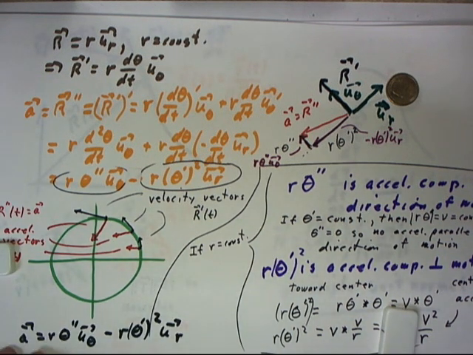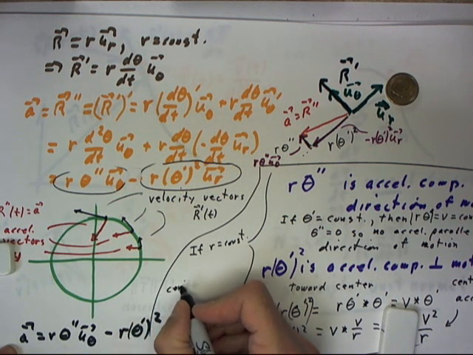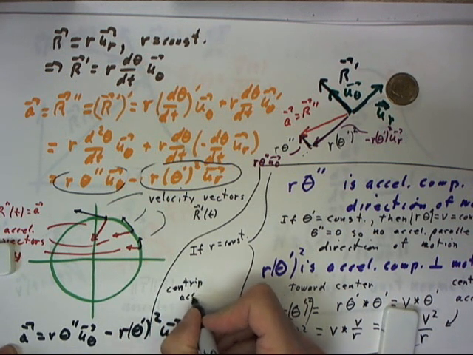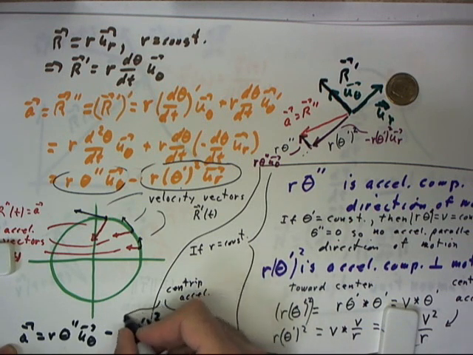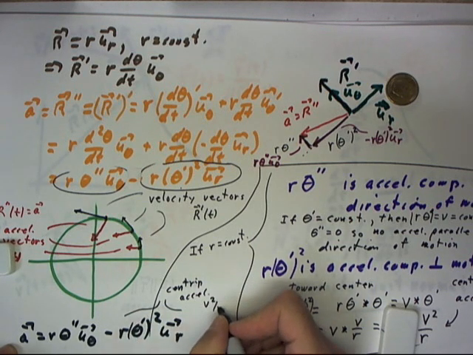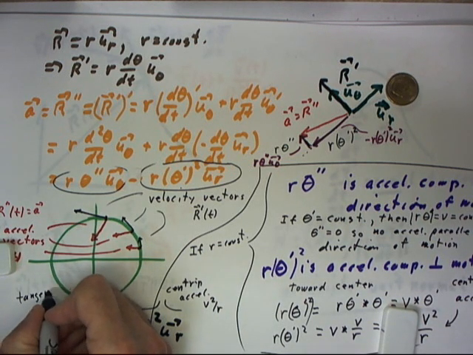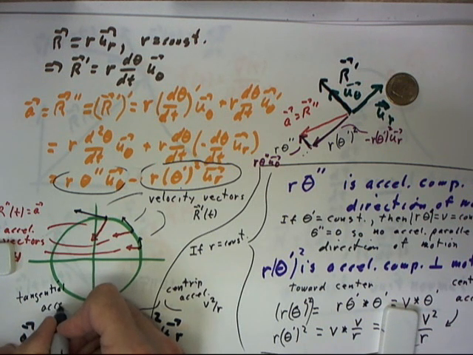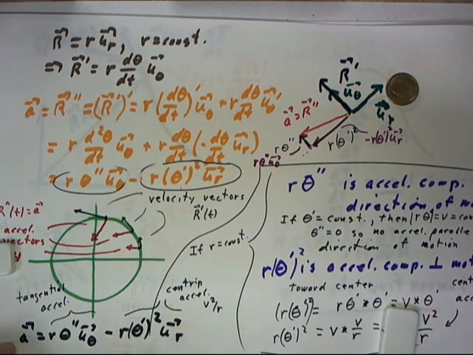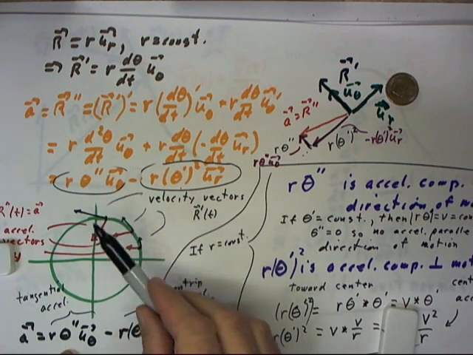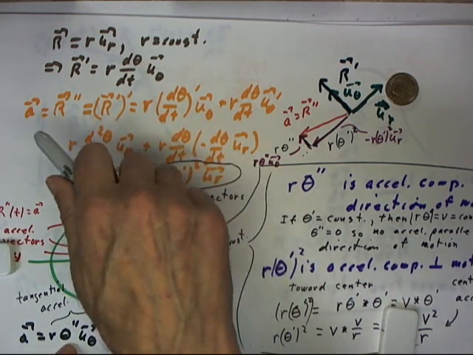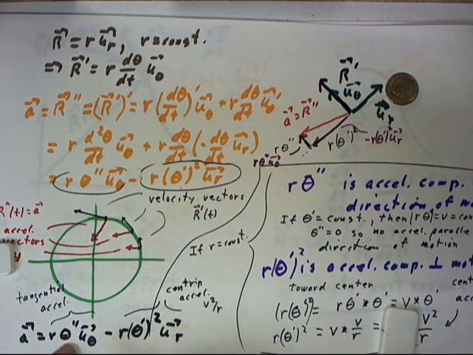And it follows then that our acceleration vector, which we've seen to be equal to this expression, expresses our centripetal acceleration, equivalent to v squared over r, and what we will call a tangential acceleration, acceleration in the direction of motion. Of course, the acceleration will be in the direction of motion if theta double prime is positive, and opposite the direction of motion if theta double prime is negative.